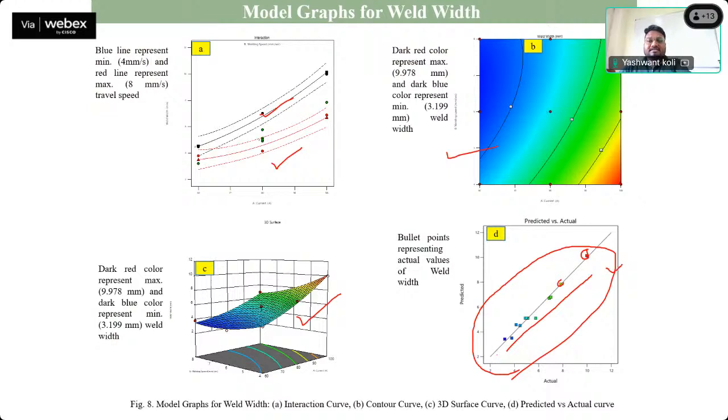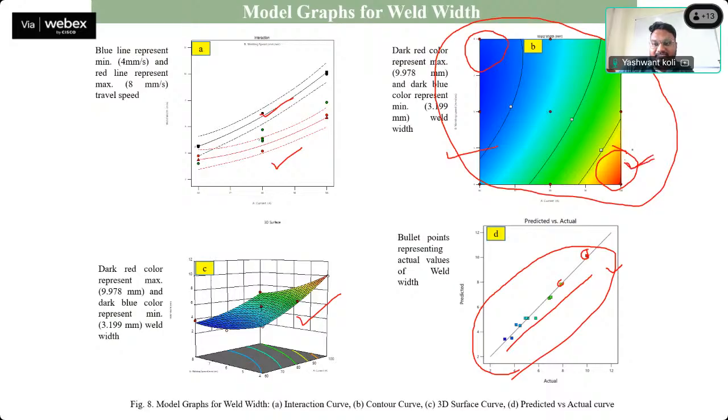So the model is significant. This color representation is done by the intensity of weld width. The red color region and the blue color region represent the values of weld width. The red color region means higher weld width, and the blue is lower weld width.